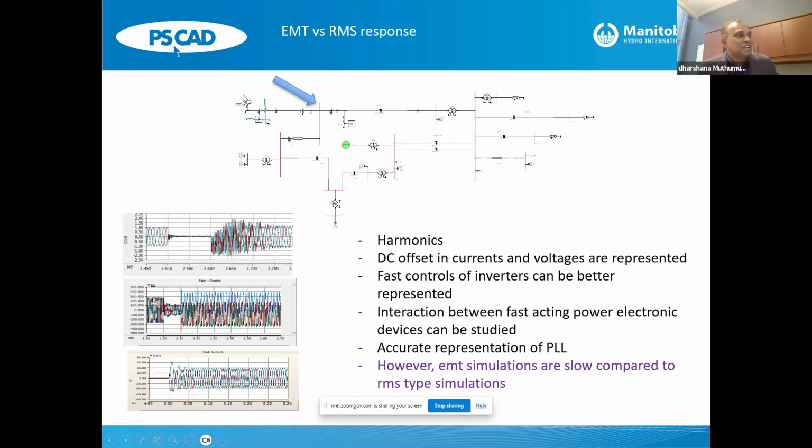That's the traditional application of PSCAD. So in EMT studies of the past, we would be trying to model a very small area of the power system, sometimes just the substation and the surrounding one bus away, and focus on these types of transients. So that's the traditional application of EMT.